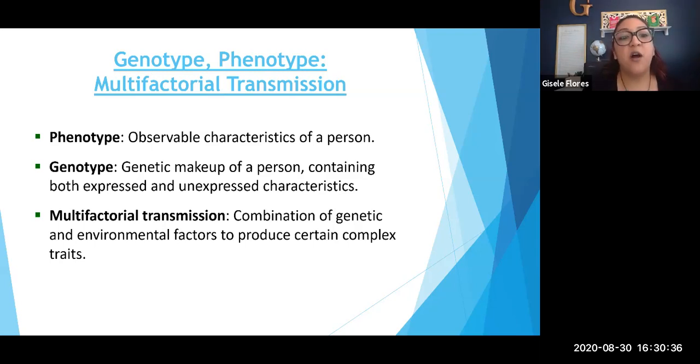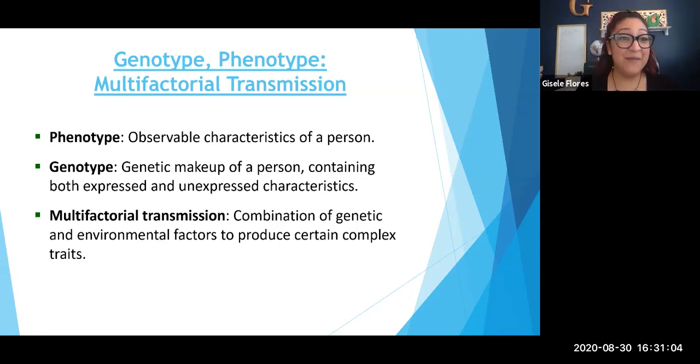There's also something called multifactorial transmission. This is a really all-encompassing view of what we just talked about, that combination of genetic and environmental factors to produce certain complex traits. For example, we might have the genotype for darker colored skin, but maybe you never go outside and you never see the sun.